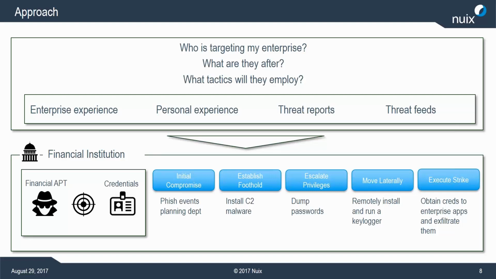So when we take the 3 questions and run them up against experience and threat intelligence, we might posit this example at the bottom here, which is for a financial institution.